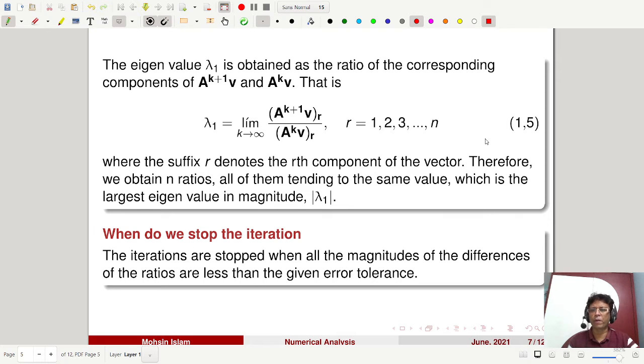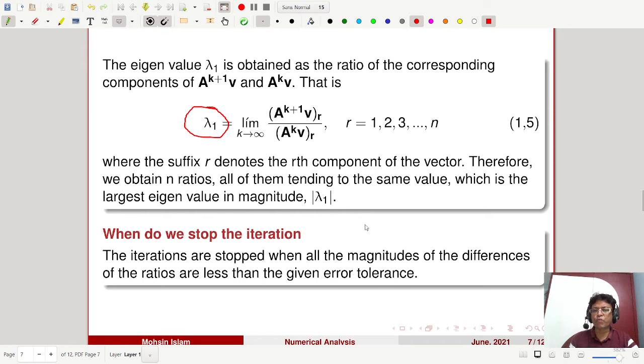I will show you in the problems, where the suffix r denotes the rth component of the vector. Therefore, we obtain n ratios. If you have n components, you have n ratios, all of them tending to the same eigenvalue, which is the largest eigenvalue in magnitude.